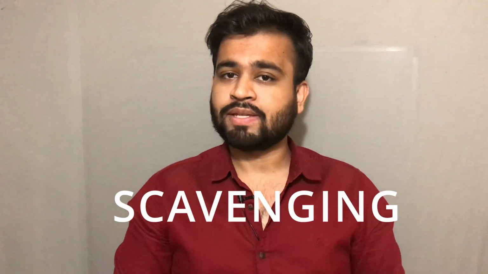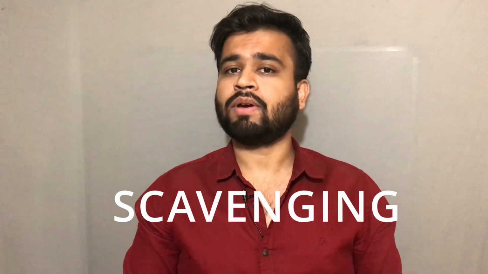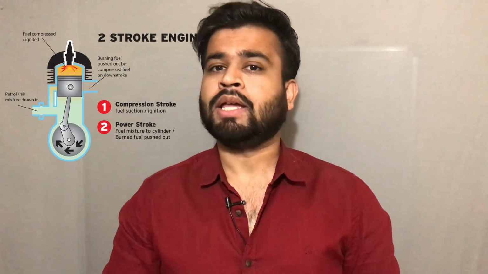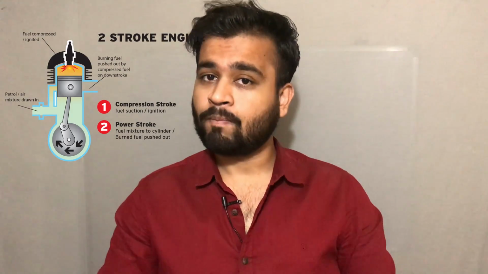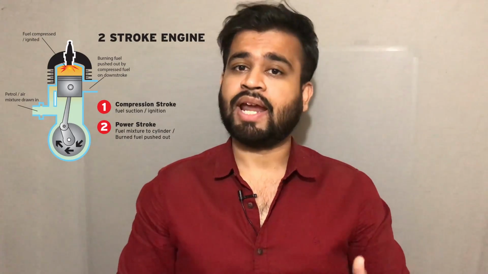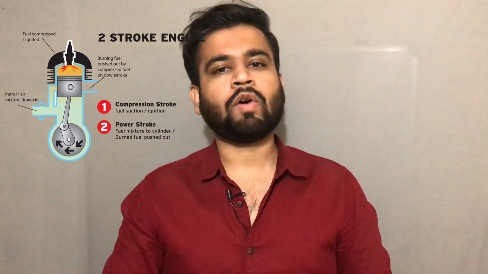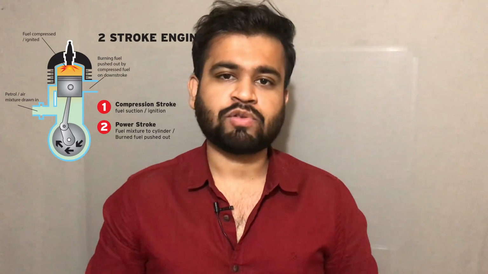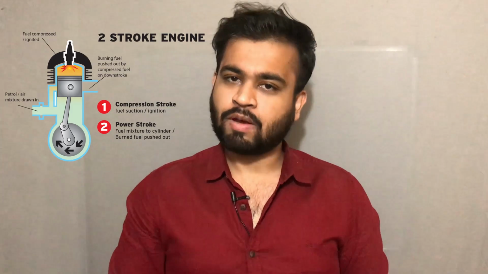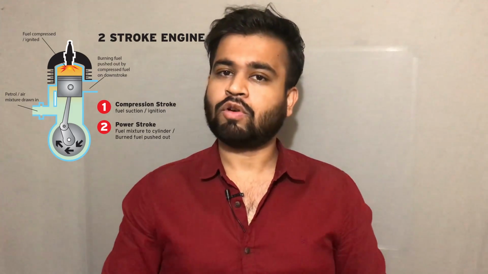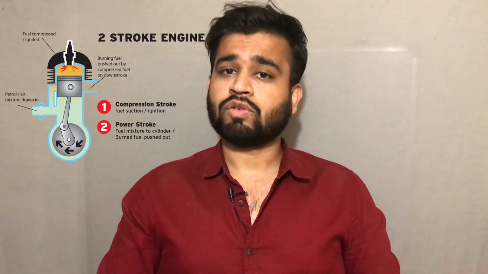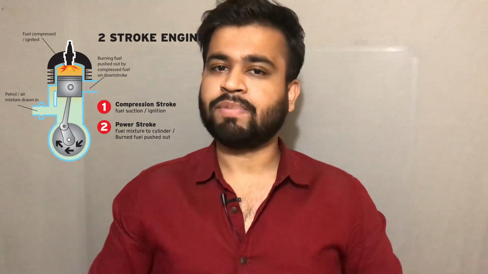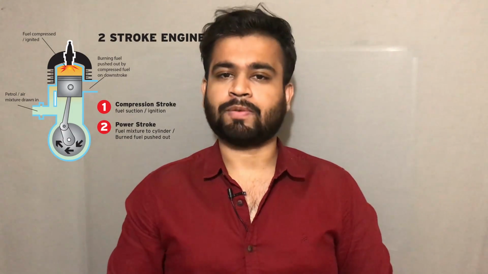What scavenging is and its different types we will cover in a separate video. During the next half revolution of the crank, the air and fuel gets compressed, which increases its pressure and temperature. And at the end of the compression stroke, during the ignition by the spark, the combustion process takes place. Because of this combustion process, a tremendous amount of heat energy is produced, because of which a high amount of pressure is exerted on the piston, which creates the power output.